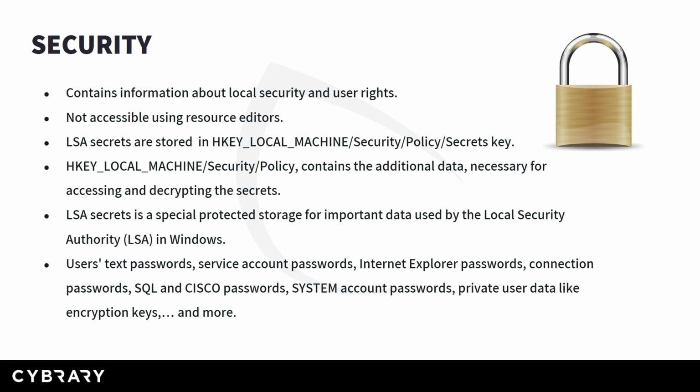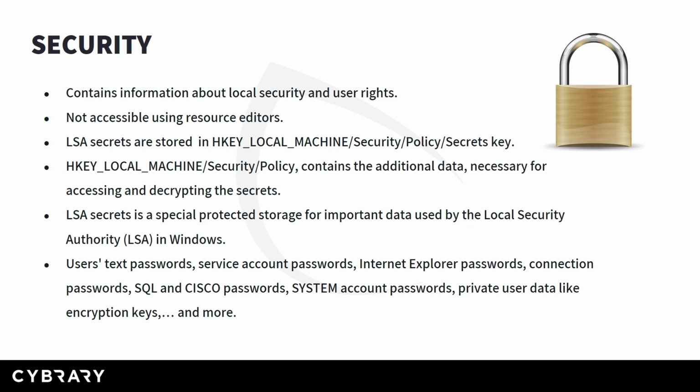LSA is designed for managing a system's local security policy, auditing, authenticating, logging users into the system, and storing private data. Users and systems sensitive data is stored in secrets. The access to all secret data is available to the system only.